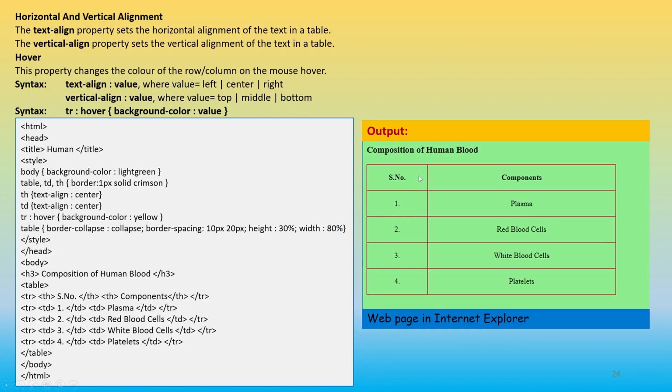While aligning, each cell is considered. You can correlate each cell with a page and you can see the alignment. This is center. We have both horizontal and vertical alignment. In horizontal alignment we have left, right, center and justified, and in vertical alignment we have top, bottom and middle.